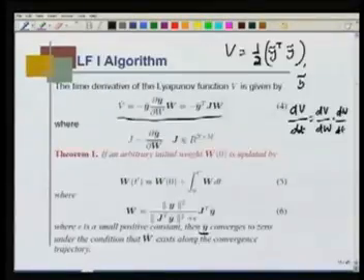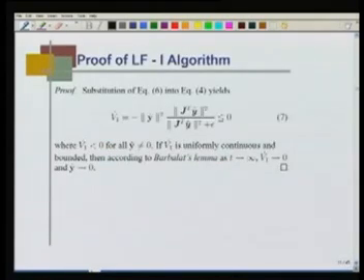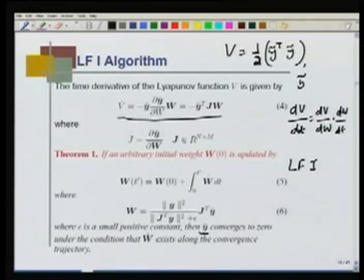Once we have a theorem, we must prove that theorem. So, how do we prove it? Okay, this theorem, we will call Lyapunov function 1, because we prove it using Lyapunov theory, the Lyapunov function concept. So, what we do, we take this equation 6 and we replace this in 4 and compute V dot.